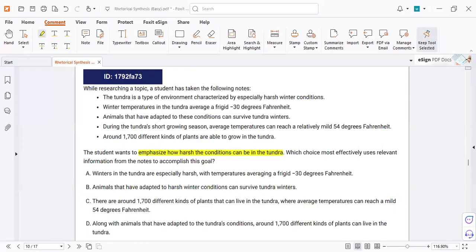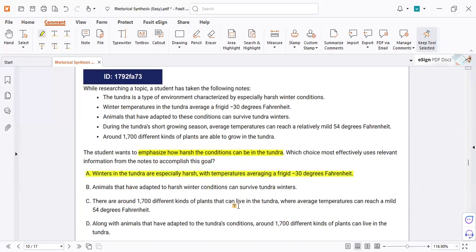So it's A. So letter A, good target. Yes. That is correct.